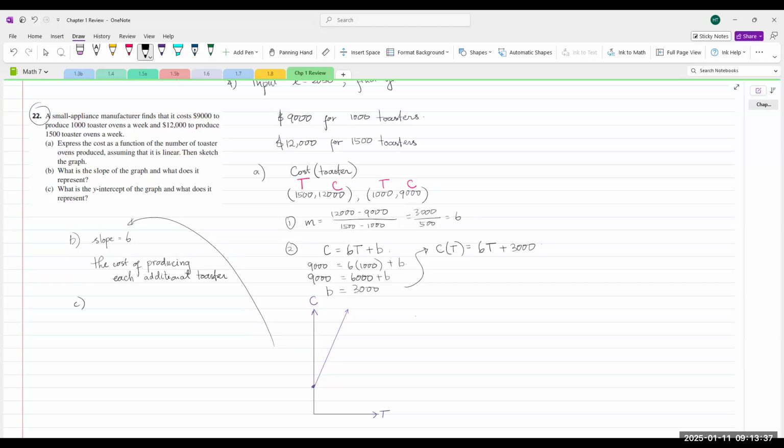Now the y-intercept, we're supposed to call that the cost intercept, is (0, 3,000). It represents the fixed cost. Basically, even if you don't produce any toaster, you still need to pay $3,000. Maybe that's for your building or for your machine to produce the toaster. Okay, now that's for number 22.